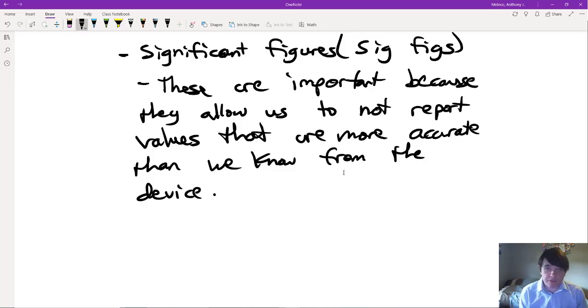So for example, if I measure something with a ruler, and that ruler only has, you know, it's down to the millimeter. If I say I know the length of something to 0.000001 meter accuracy, that would just be incorrect, right? Because I can't actually measure that small. And in the lab, we'll talk a little bit about what devices have what sig figs associated with them and what uncertainty associated with them. It's based on the measurement device that you're talking about, so it varies.